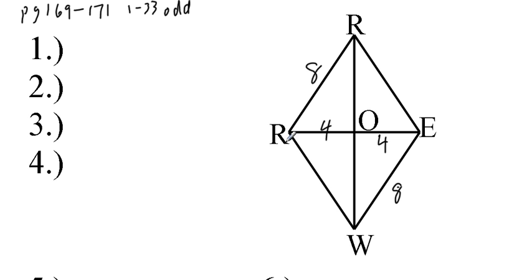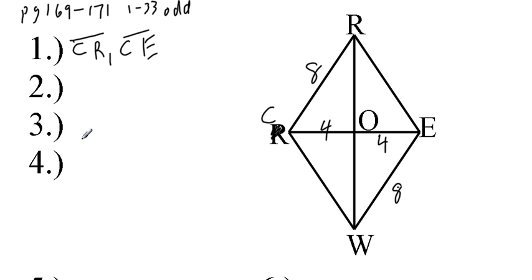And what we're asked to find is name two segments congruent to segment WE. Well, now WE is obviously congruent to this piece here, which actually is a typo, should be CR. And then another segment that's got a length of 8 would be CE, because diagonals bisect each other. These are both 4. So it's CR and CE.